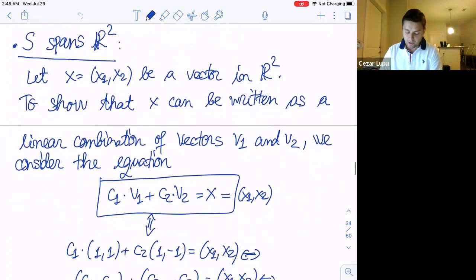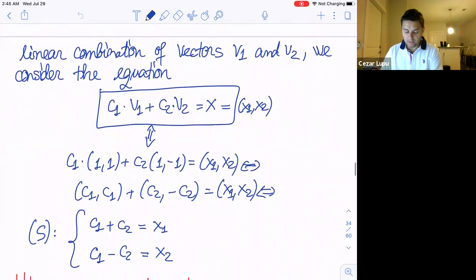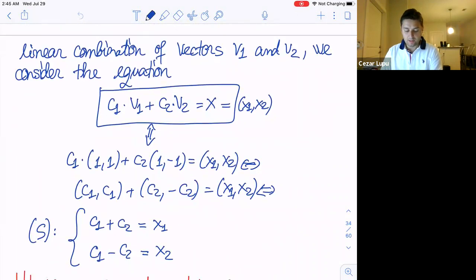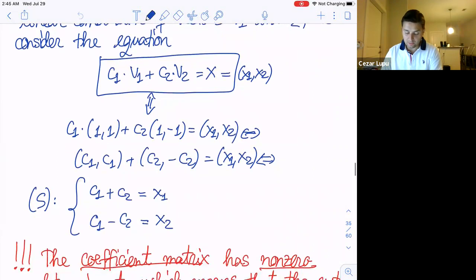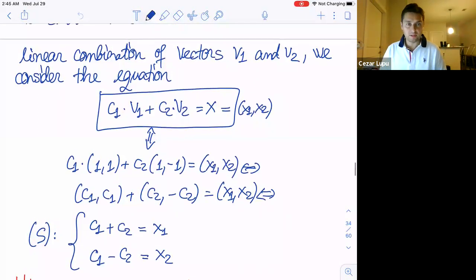And once we do the algebra here, we do the operations, clearly we'll get this system right here: c1 plus c2 equals x1 and c1 minus c2 equals x2. And now we're wondering about this system. How can we solve this system?